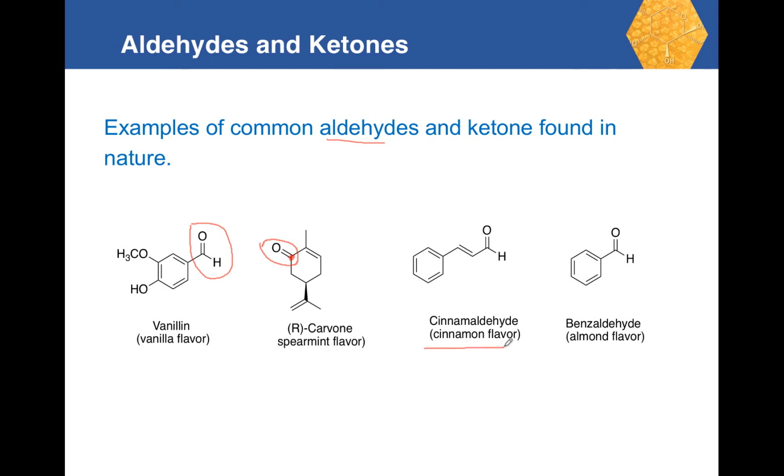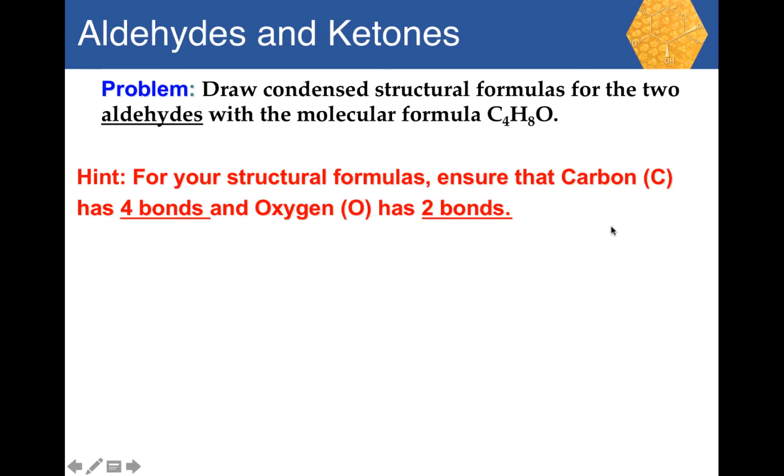Cinnamaldehyde, cinnamon flavor, is an aldehyde because here's a hydrogen that's bonded to the carbon of the carbon-oxygen double bond. So this molecule here has an aldehyde functionality. Benzaldehyde, another molecule, is an aldehyde because here is the aldehyde functionality.